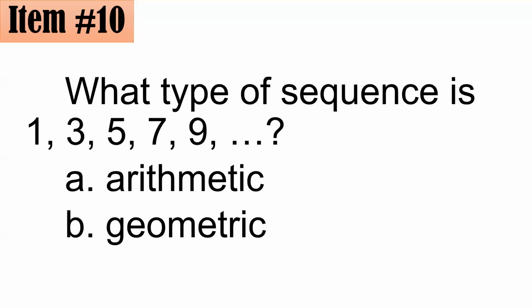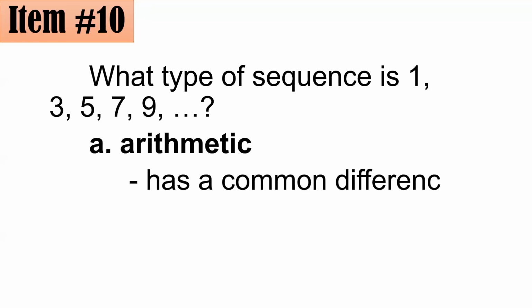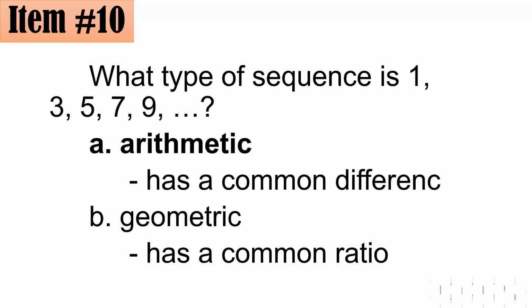Number 10. What type of sequence is 1, 3, 5, 7, 9, and so on? Is it an arithmetic sequence? Or B, is it geometric? Okay. I could see many people answered letter A, which is arithmetic sequence. And if you answered arithmetic, you are actually correct. An arithmetic sequence has a common difference, whereas a geometric sequence has a common ratio po.